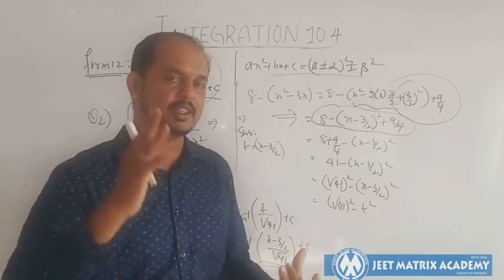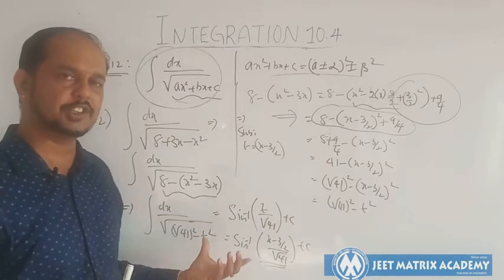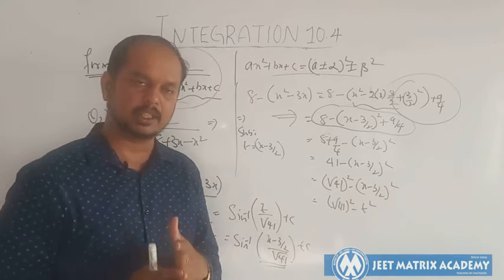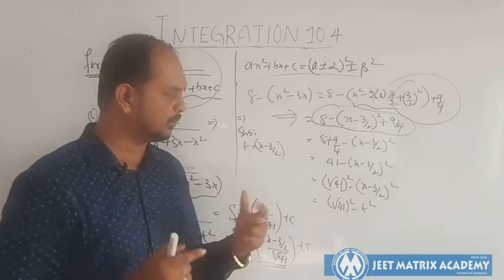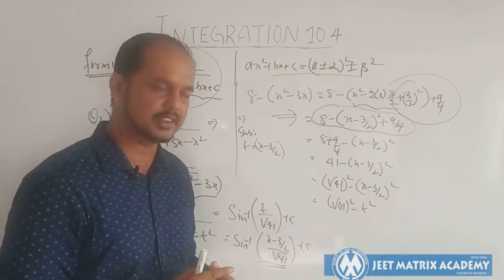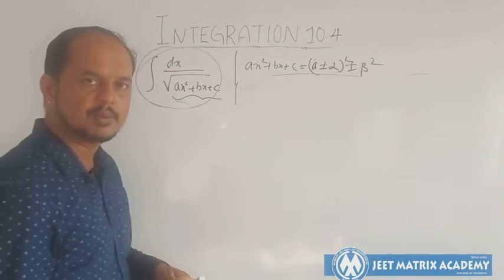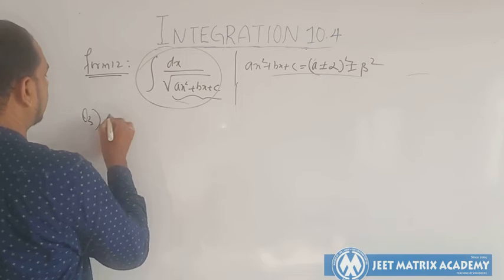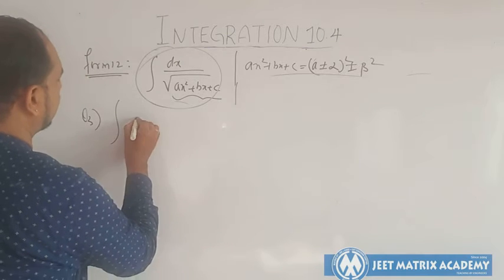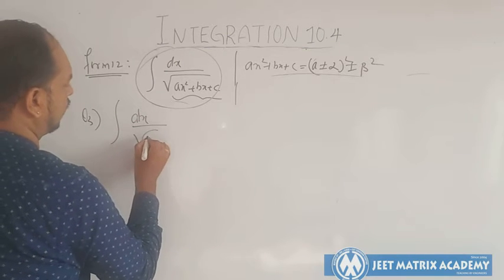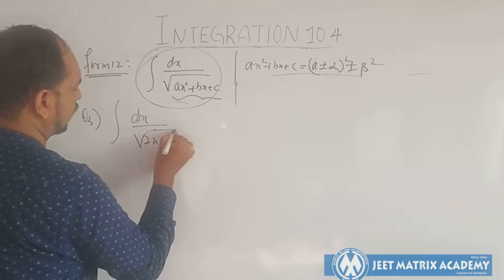You have to remember the formulas and the steps, and it will keep repeating. Okay, so there is no doubt, I guess. So we'll move to the next problem. Third problem, question number 3: integration of dx by root of 2x minus x square.